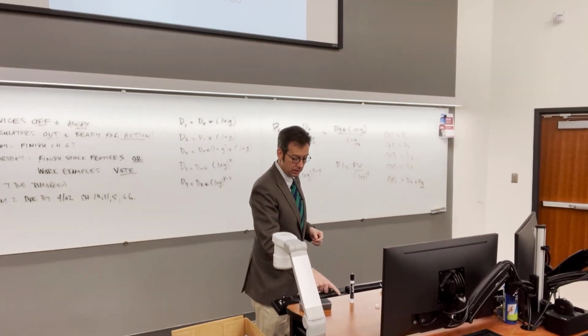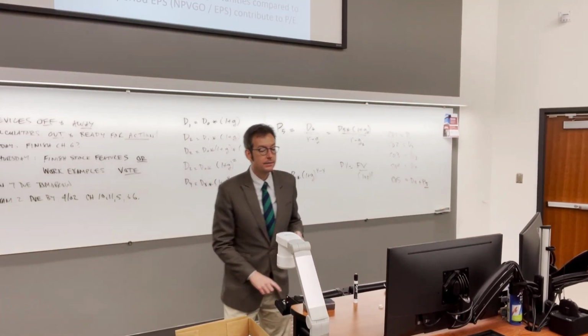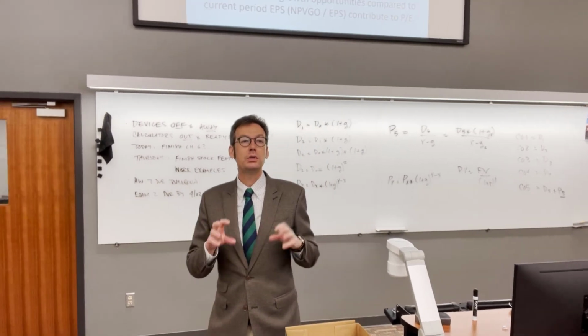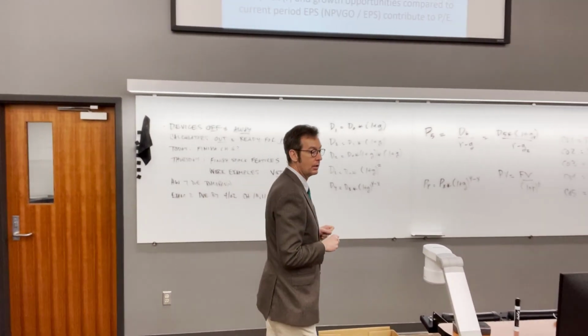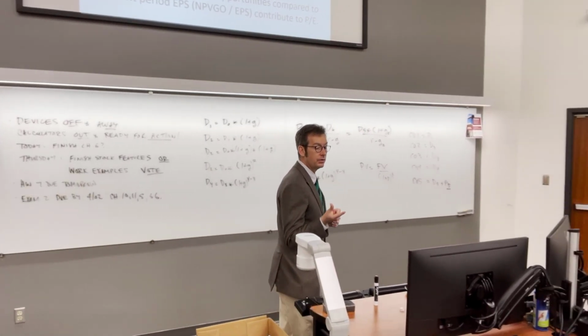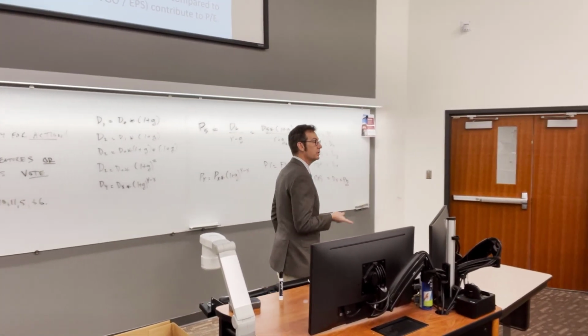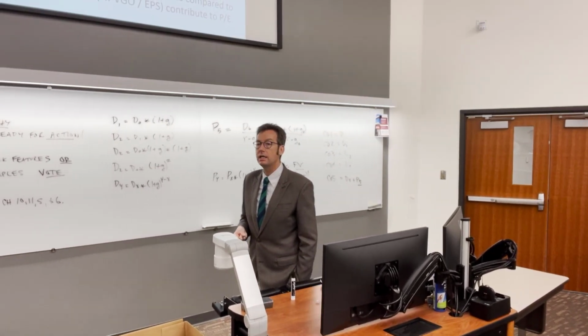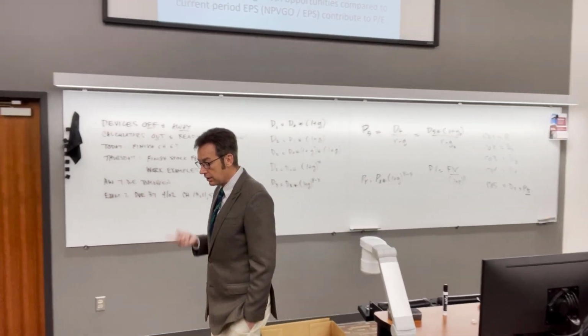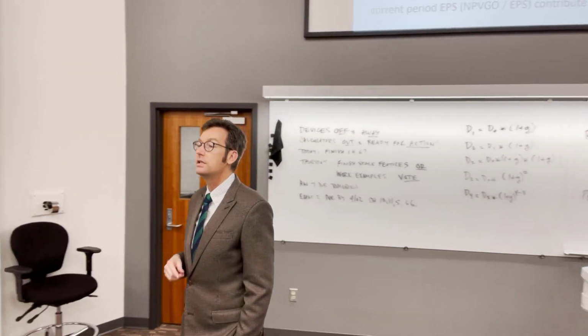Now let's talk about why we're doing this. I'm doing this to tell you about the PE ratio, so we can break it down to see what the PE ratio is really all about. Because what I'm going to do is take that NPVGO model that we just came up with and divide every single thing there by EPS. And so it's going to give me on the left-hand side P0 divided by EPS, which by the way is the PE ratio.